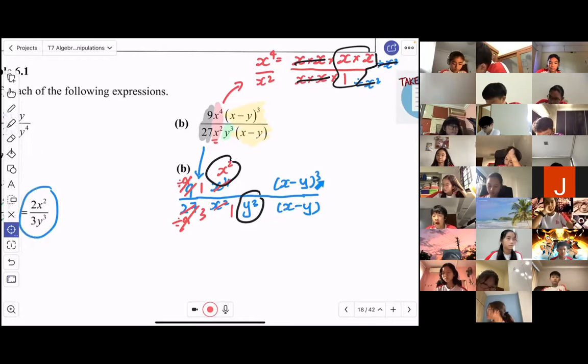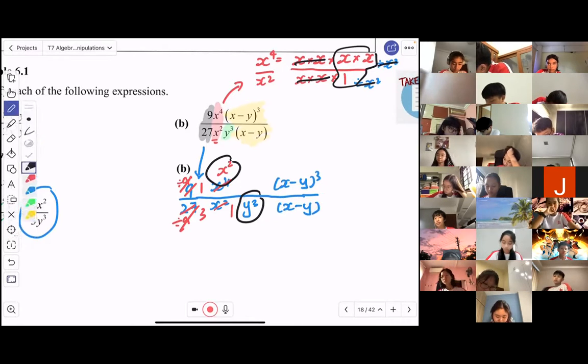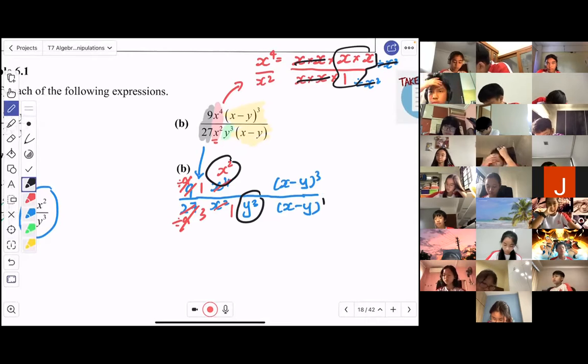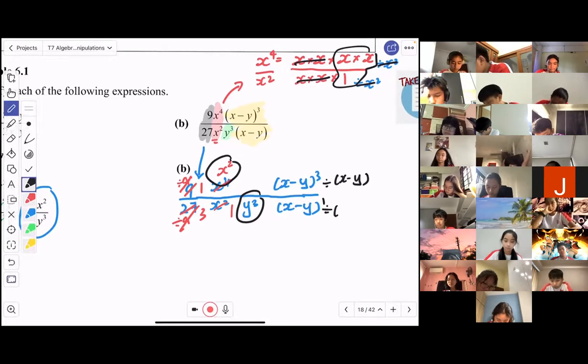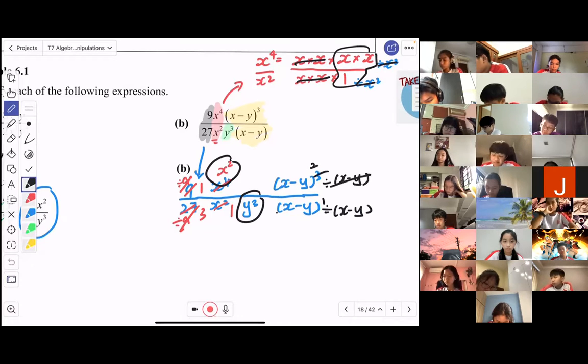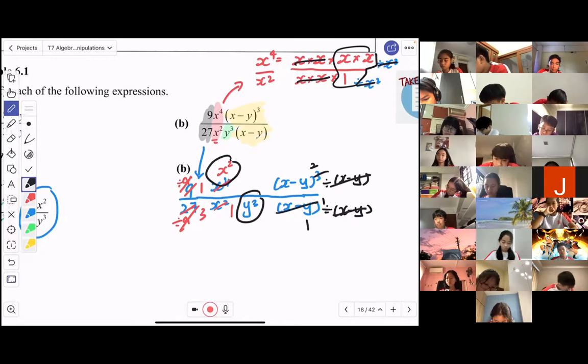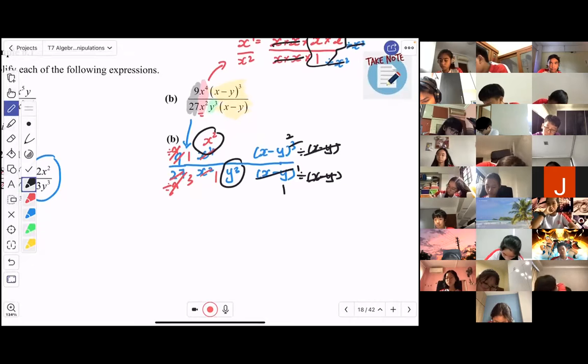Now x minus y power 3, x minus y power 1. In general, if I just divide both the top and bottom by x minus y, this and this will cancel, I have power 2. This and this will cancel, I have power 1. So what am I left with?